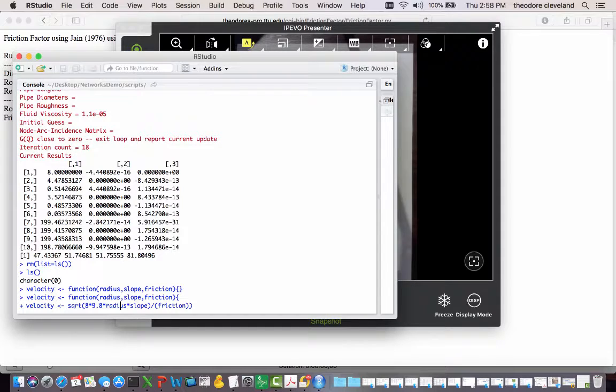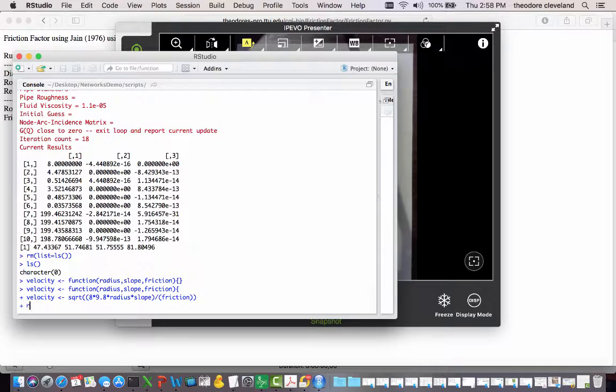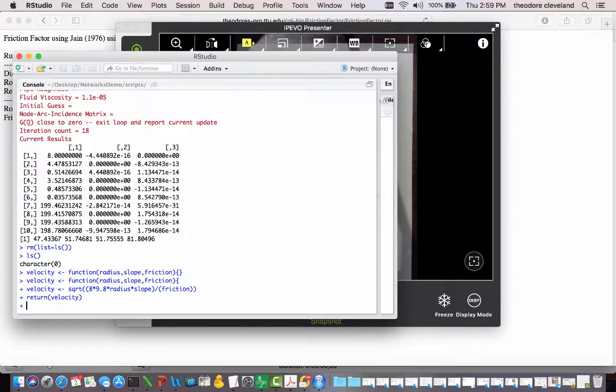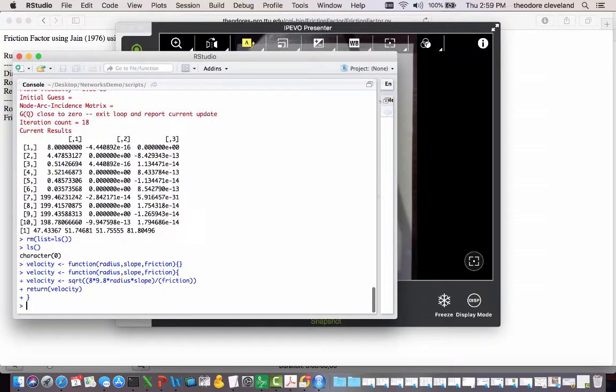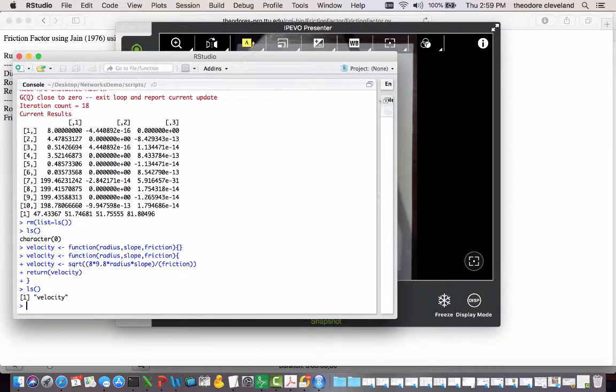Go ahead and get everything grouped correctly. That should be my nice velocity function. List things, sure enough it's there, and now we have the ability to calculate velocities.